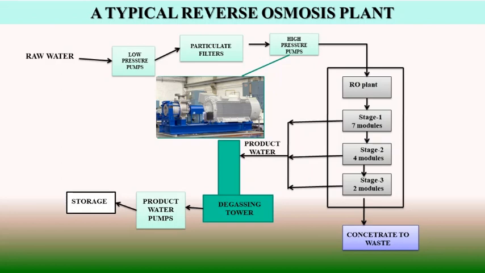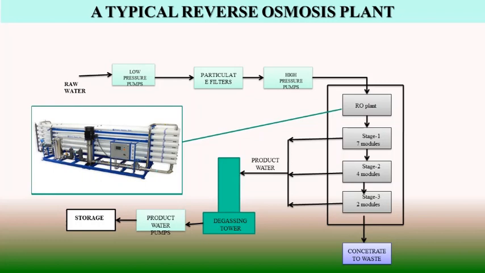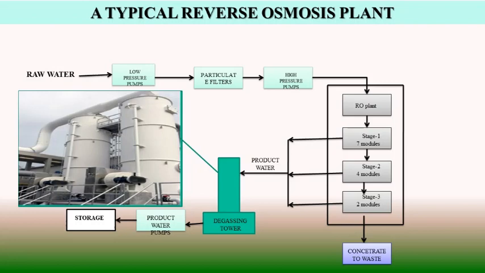First in the RO plant we have the membrane package through which water is forced by the pump, and we have product water. This product water is collected in a degassing tower, and is again pumped to a storage tank. So this way we arrange the RO system.